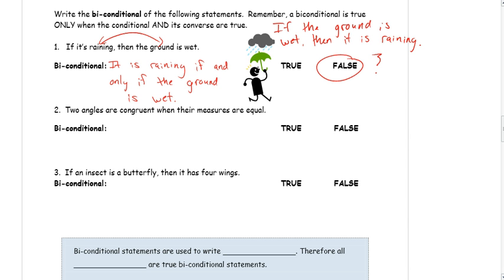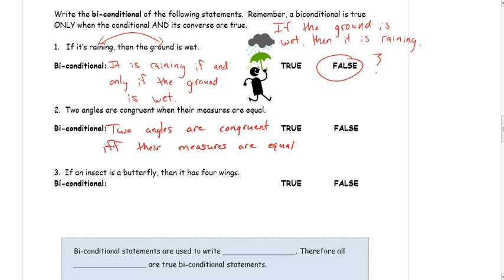Going backwards, first let's write it as two angles are congruent if and only if their measures are equal. Okay, to check it, we already have our conditional. If two angles are congruent, then their measures are equal.